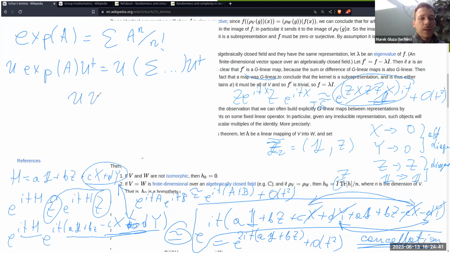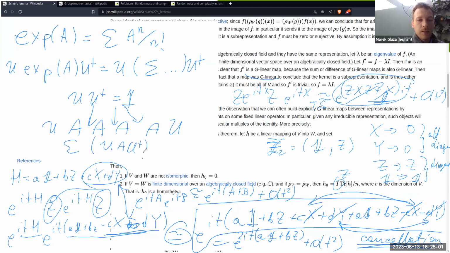But if you use U dagger U identity, you can consider U times A, and then you insert them here. You have the two from outside, and then you split it, obtaining a series of (U A U dagger)^n over n factorial. I'm not writing more because that's your exercise in the end to convince yourself what this means. Or okay, I will finish this to say that this is the exponential of the rotated matrix. So the rotation of an exponential is the exponential of the rotation.